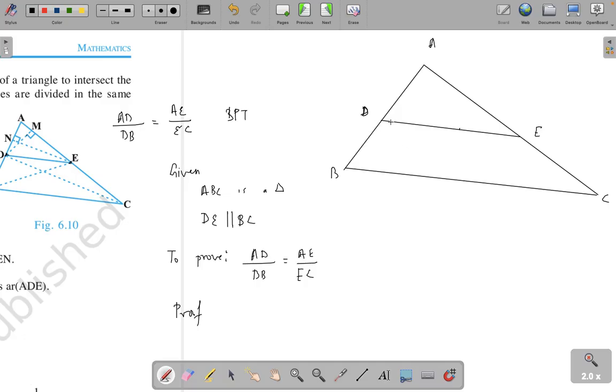Same for this, you can create a triangle like this and this will be the base, right? Is this clear? BC will be the base of two triangles. But we don't need BC. We need DB and EC, right? So see, first thing what we do, we draw lines like this to make triangles.